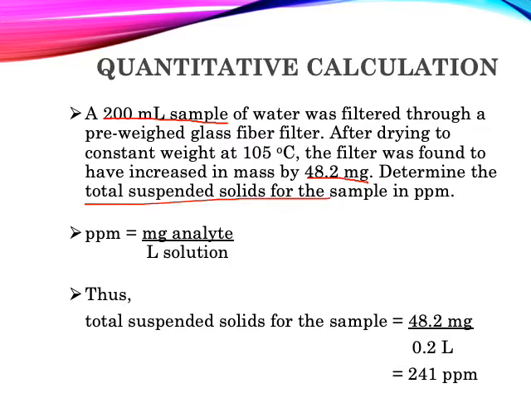So, to determine the total suspended solid in ppm, you need the information on the mass of the analyte and also the volume of the solution in milligram and liter respectively. Thus, the total suspended solid for the sample is 48.2 milligram divided by 0.2 liter. Then you have the total suspended solid is 241 parts per million. Okay, this is a kind of direct question.